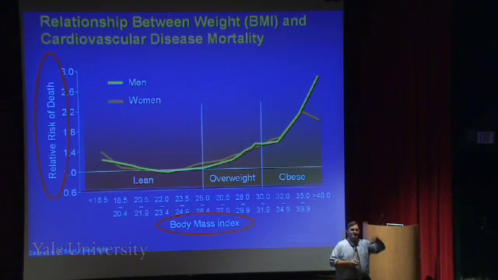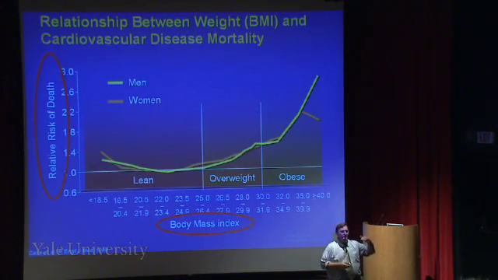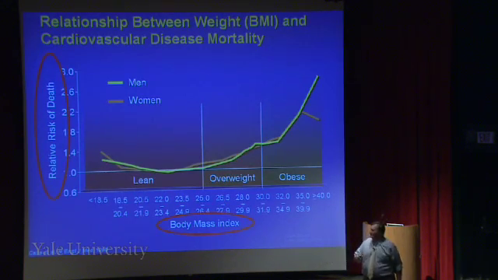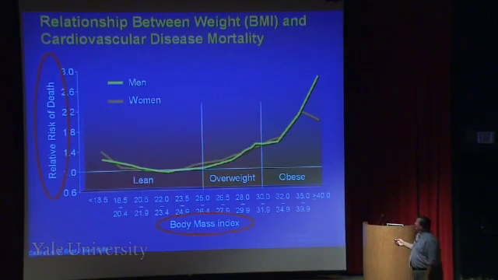So if you have cholesterol of 200, and your relative risk is established at 1, and then if you have cholesterol 250, your relative risk is 2, that means you have twice the risk. So a relative risk of 2 is twice the risk, 3 is 3 times the risk, et cetera. When you get out to the highest weights, the relative risk is up at 2.5 or 3. So that would be a 200% increase in risk for cardiovascular death, or 2 to 3 times the risk of death. So you'll see that concept of relative risk come up in subsequent classes.